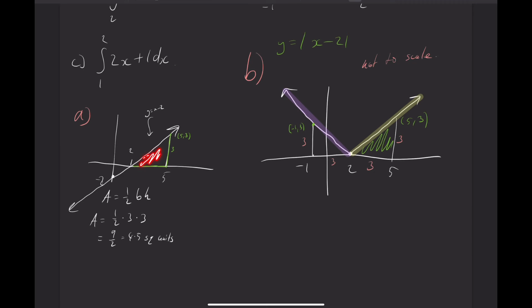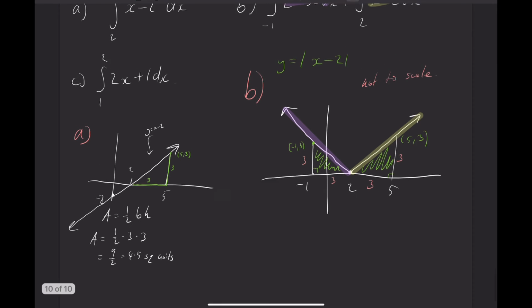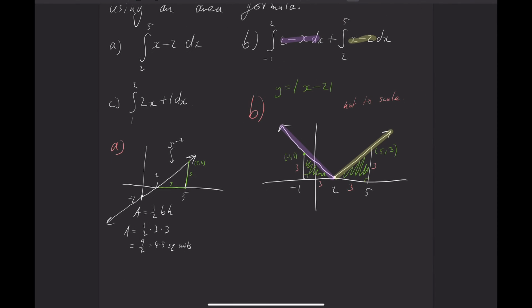It's the same as this area. Now I've got 2 right-angled triangles with the same height and the same base, so their areas must be the same. So the value for B, the area is 9 square units.